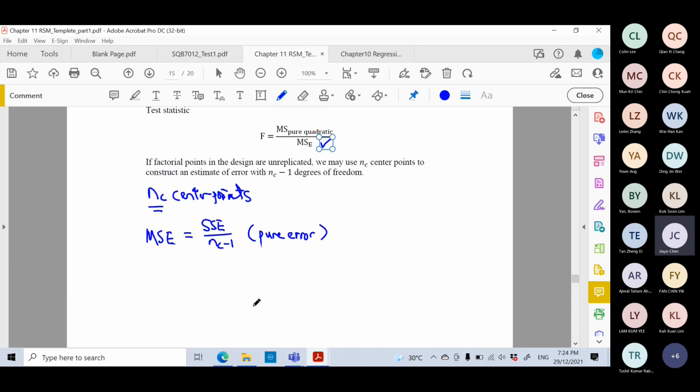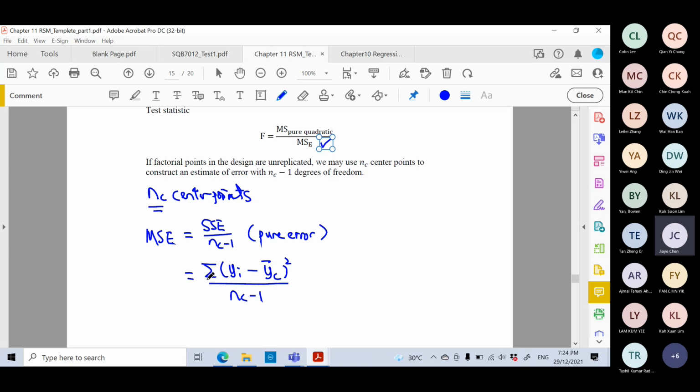So how do we calculate it? We can calculate it based on the center points here. We take the sum of each center point minus the mean of the center points, square it, and divide by nC minus 1.